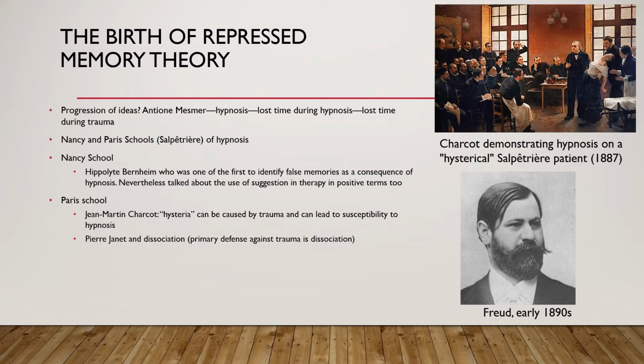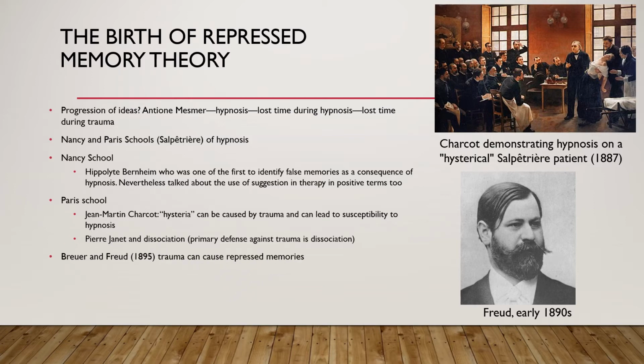So he used the terminology that Freud went on to use, such as there's different defenses against trauma or anxiety and so on. And Freud developed different defenses from there. So you have Charcot saying that trauma leads to susceptibility to hypnosis that might involve lost time. And then you have Janet saying that trauma leads to a kind of defragmentation that involves memory problems sometimes. So you can see where Freud got some ideas from.